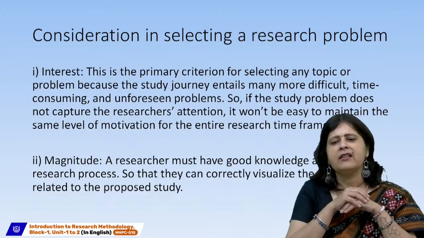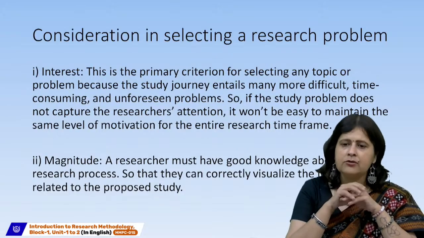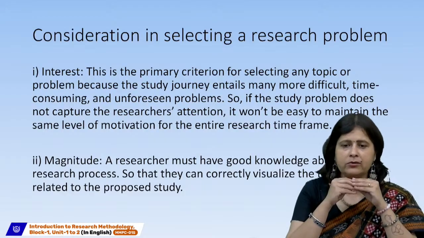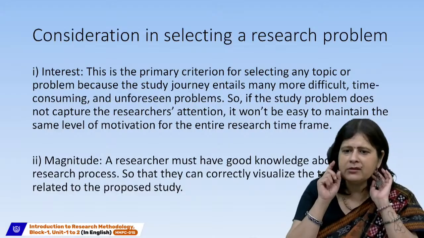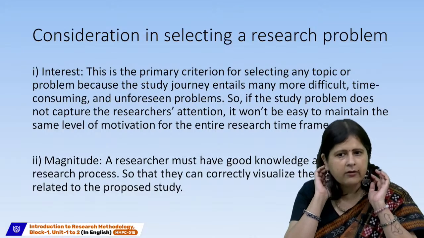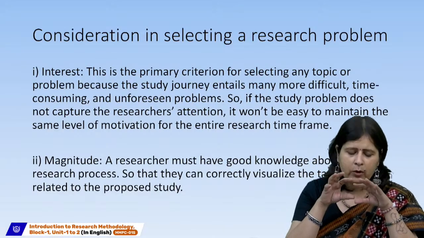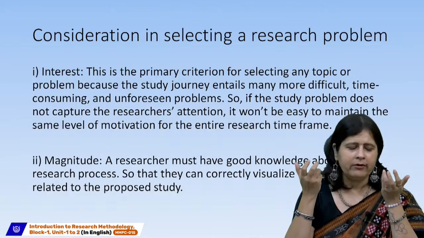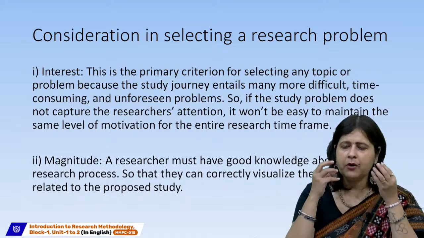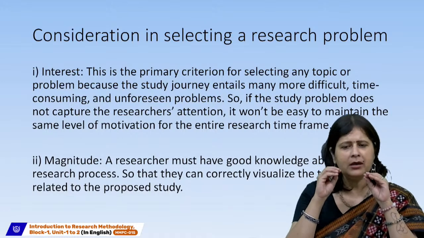Consideration in selecting the research problem. The research problem should be a valid question in mind which helps the researcher and decision maker. While selecting a research problem, a few things should be considered.